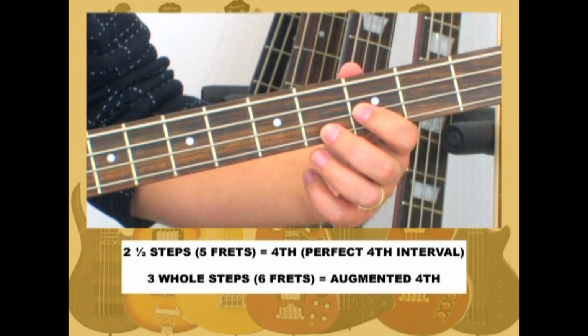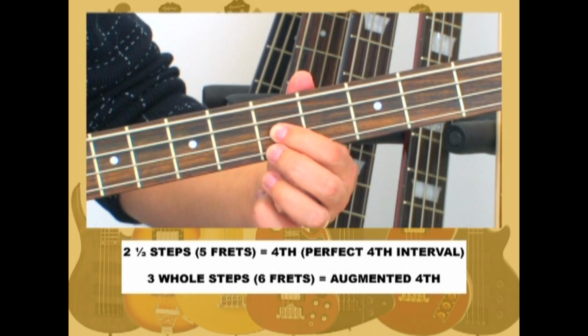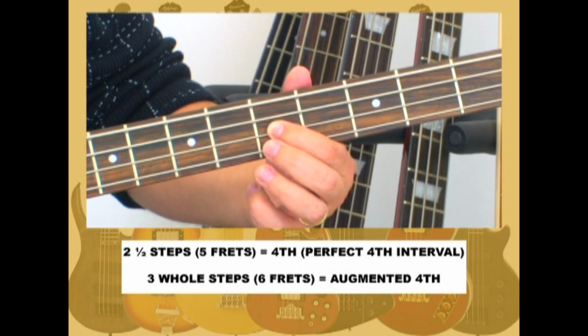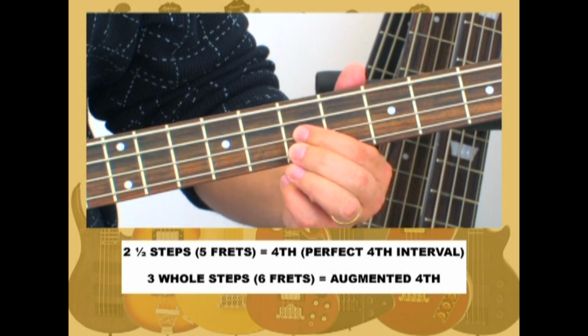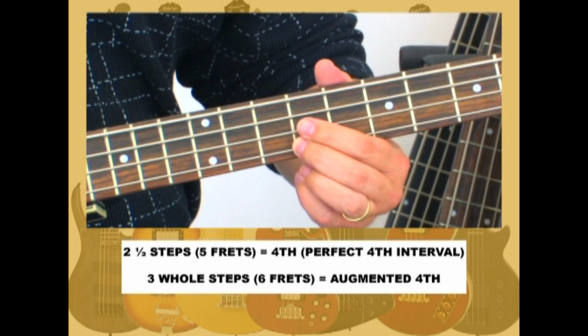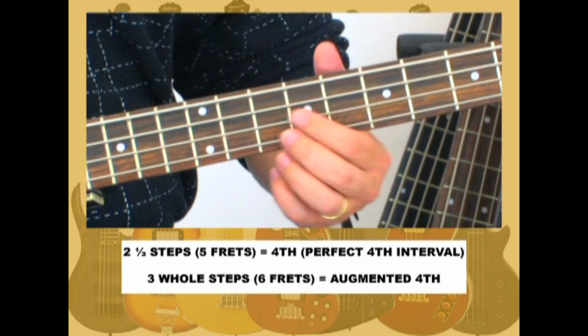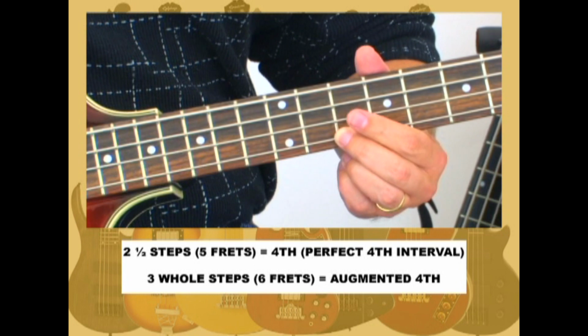The rest of the scale uses all fourth intervals: G to C, A to D, B to E, and the octave C to an octave F on the first string, 10th fret.